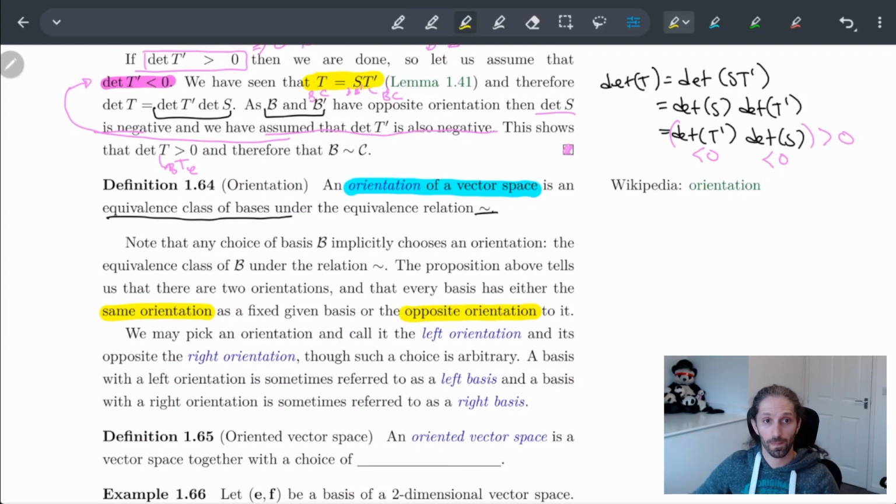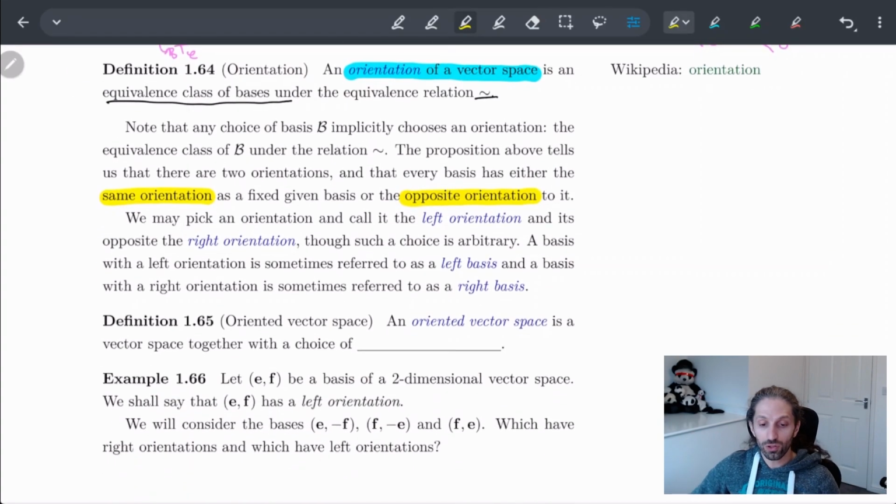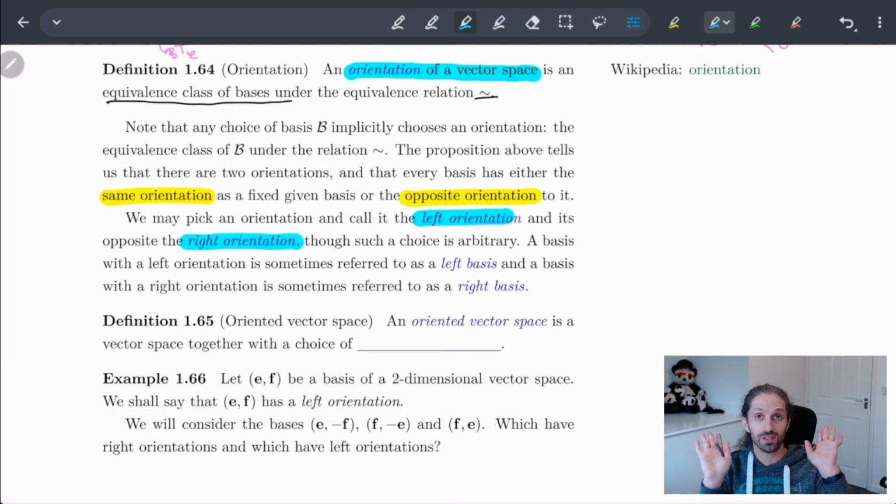There's only two. So what we'll normally do is say, if one of them is the same and one's opposite, we're going to call one of them the left orientation, and one of them the right orientation. It doesn't matter which one we say is the left and which is the right. We just choose one, just to have them separated.